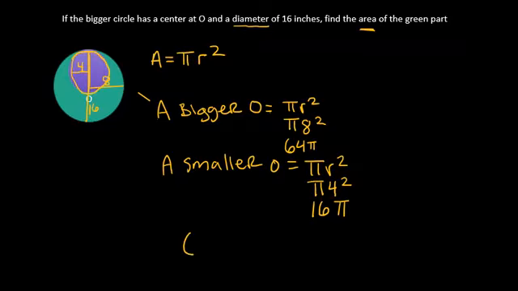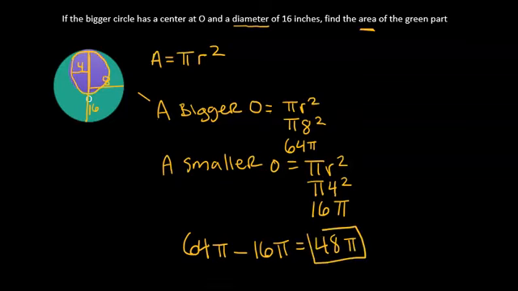So I'm going to do 64 pi from the big circle minus 16 pi from the small circle, and that gives me 48 pi. This is my final answer. This is the area of the green part after I took off the purple part.